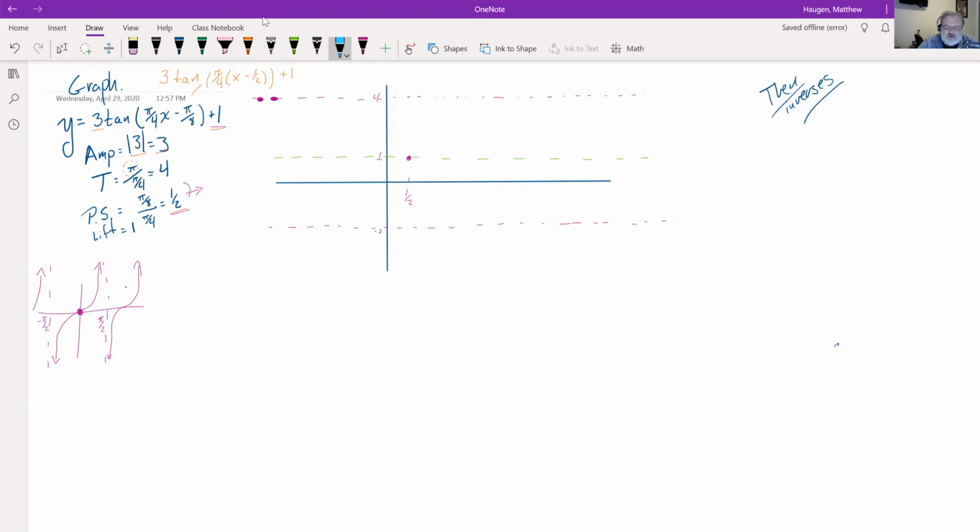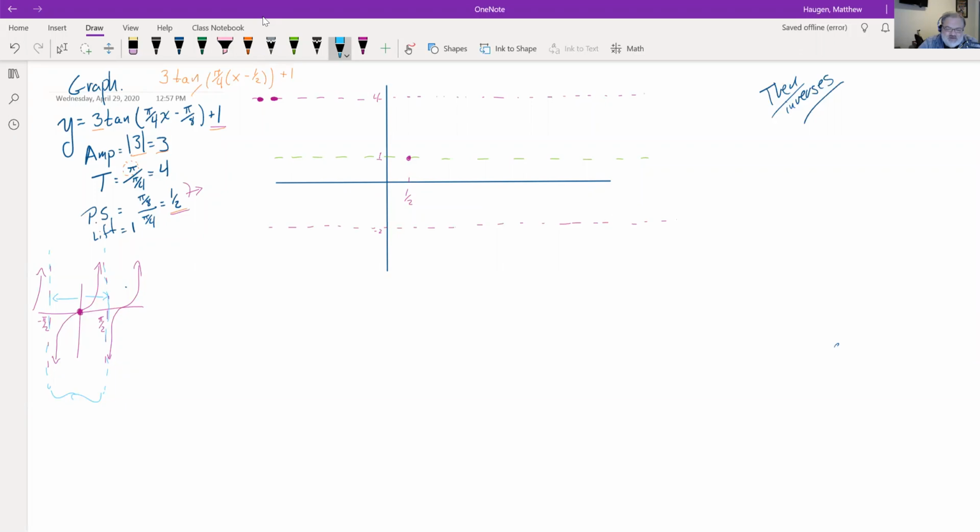Now these asymptotes, normally these asymptotes go a total distance of pi, our period. Notice it is half of that pi in one direction and half of that pi in the other direction. So for our tangent up here, that period is 4 now. So it's going to do that same thing. It's going to be 4 in length, but I don't want to go from this point out 4 to put my asymptote.